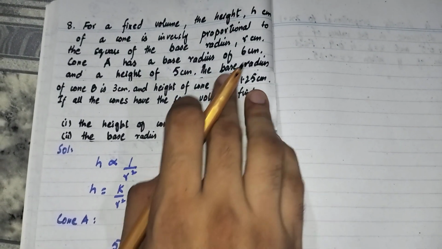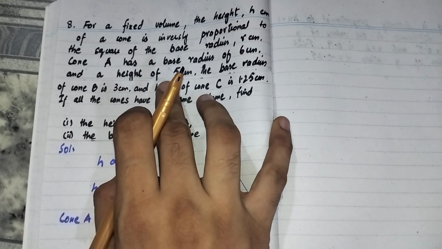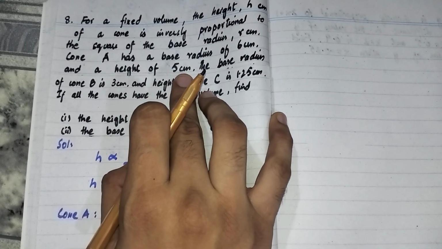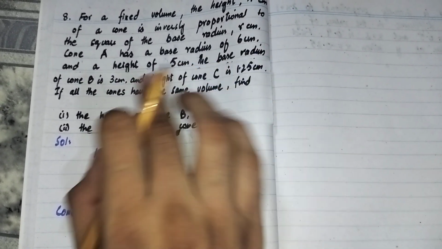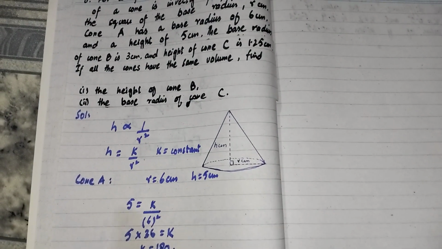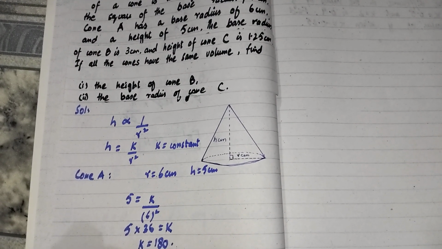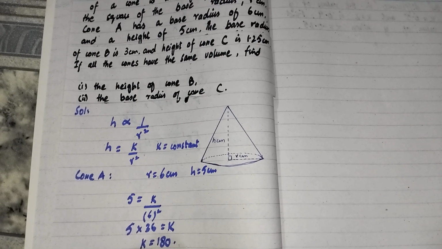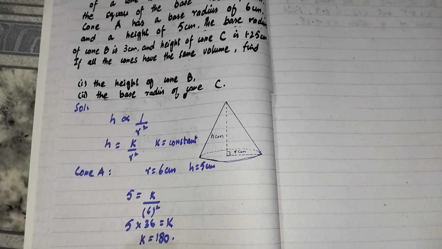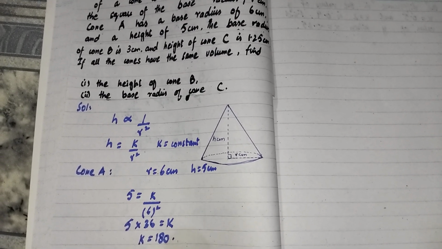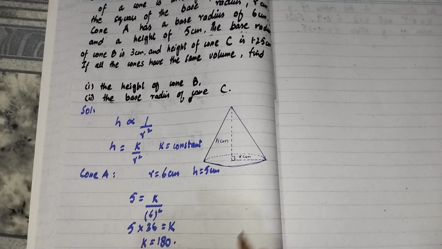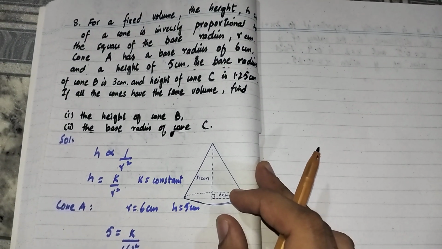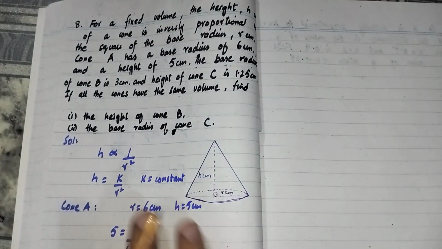Further they are saying that the base radius of cone B is 3 centimeter, and the height of the cone C is given.